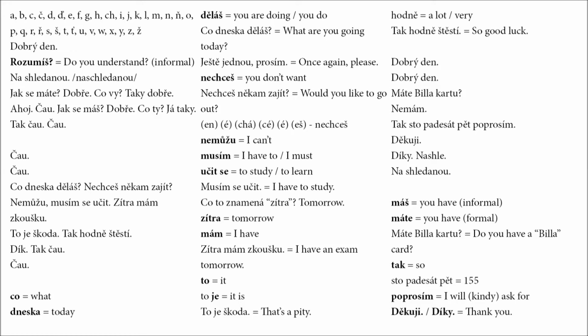What did I say? And you said rozumíš. Rozumíš, exactly. So the esh. Yeah, so I'm asking you, what are you doing today? Co dneska děláš? So děláš, this is you are doing.